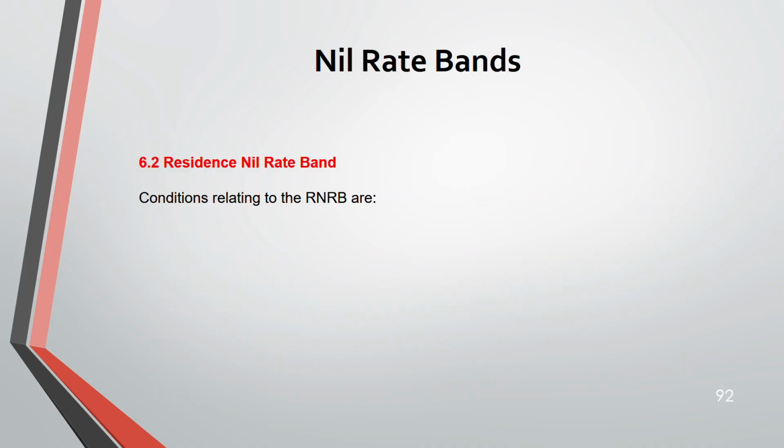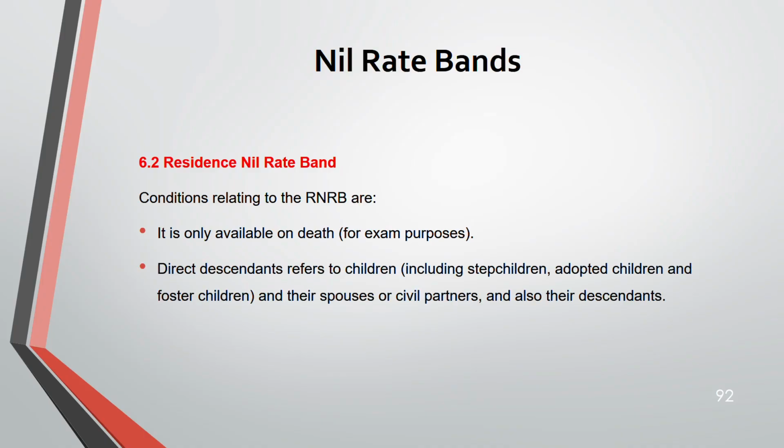Now, there are conditions relating to the RNRB. They apply only on death. Direct descendants are your children. This can include stepchildren, adopted children, foster children, and their spouses, and also their descendants. That means your children's spouses and their descendants.